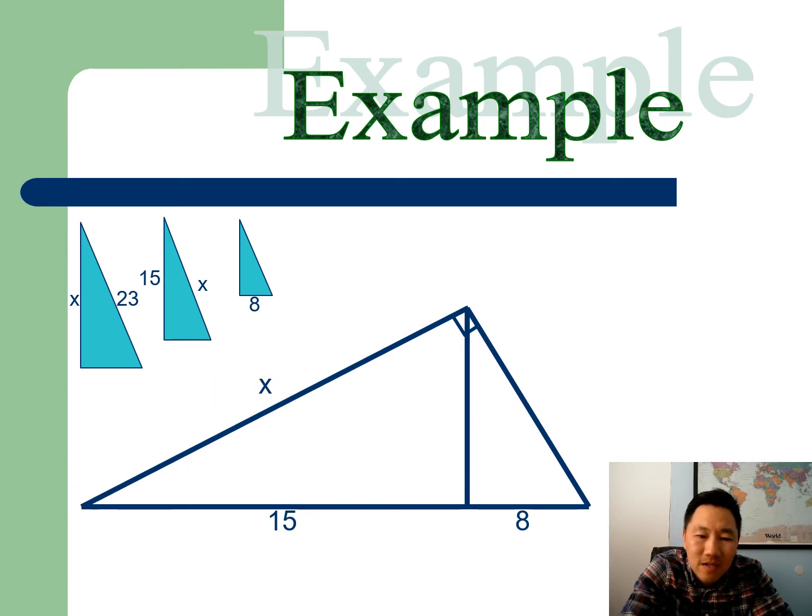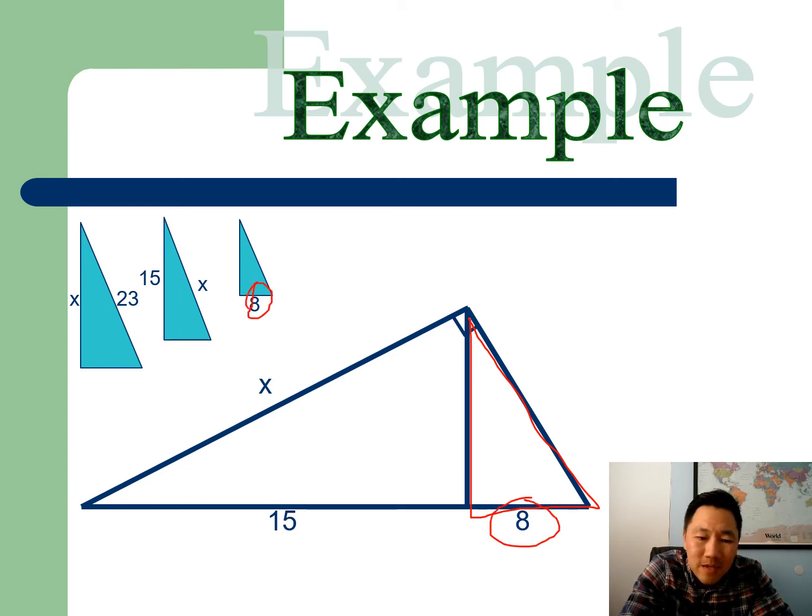The middle-sized one, this one right here, it looks like the hypotenuse of that one is x, and then the other leg is 15. And then let's go ahead and do the smallest triangle, this one over here. And I guess the only thing we know is that this side is 8.